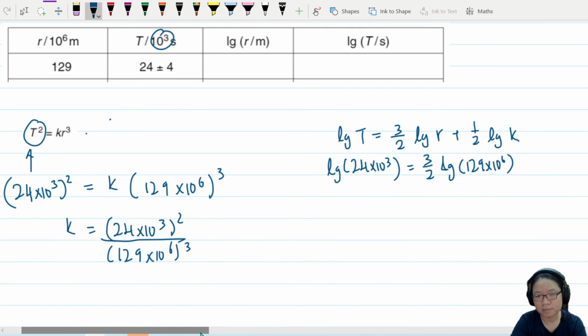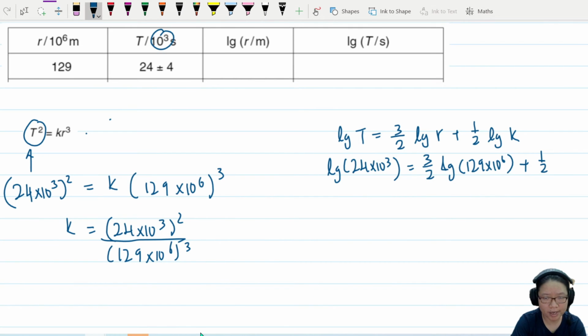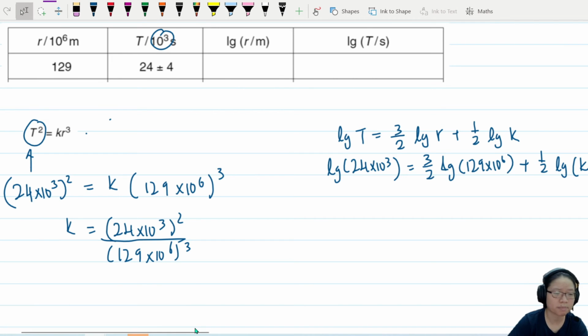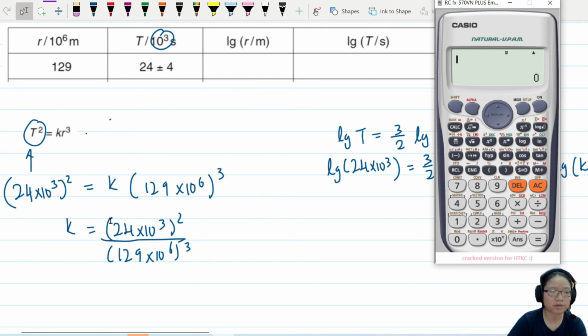Nowadays this may be okay because your calculator is a powerful one, but last time maybe not. Let me press the one on this side first. I'm going to take 24 times 10 to the power of 3 squared, divided by 129 times 10 to the power of 6 to the power 3.